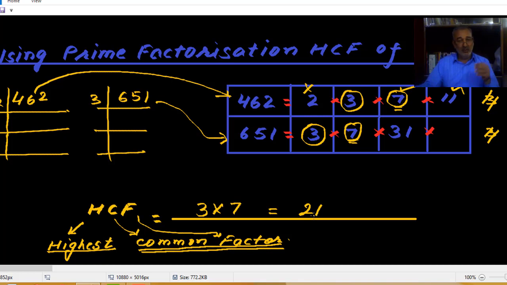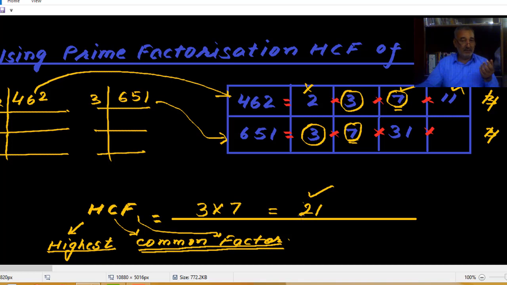What is special about this 21 and these numbers? If I try to find which numbers can divide 462 and 651, 1 can divide, 3 can divide both the numbers, 7 can divide both the numbers, and this 21 has a special property.